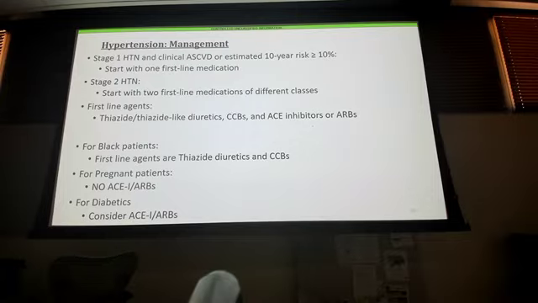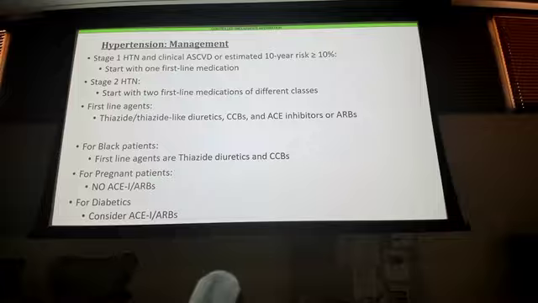Special patient populations where maybe you need to rethink how you prescribe. So our African American patients tend to not respond to ACE inhibitors from a hypertensive standpoint as well as other populations do. So maybe an ACE isn't appropriate as a first line, as monotherapy.